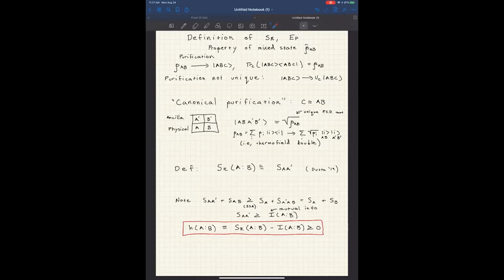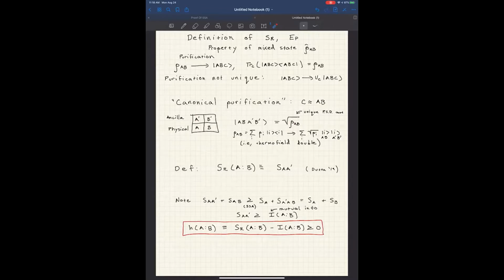The way you define it is you start with the density matrix rho_AB and you take the unique positive square root. This is a matrix, but I can think of it as a state in this doubled space precisely because the degrees of freedom here are the same as the degrees of freedom here.